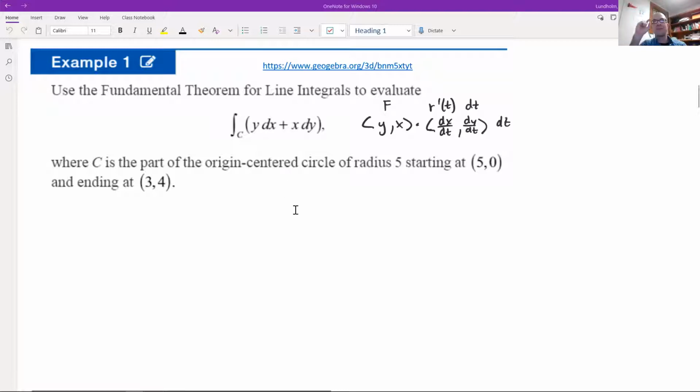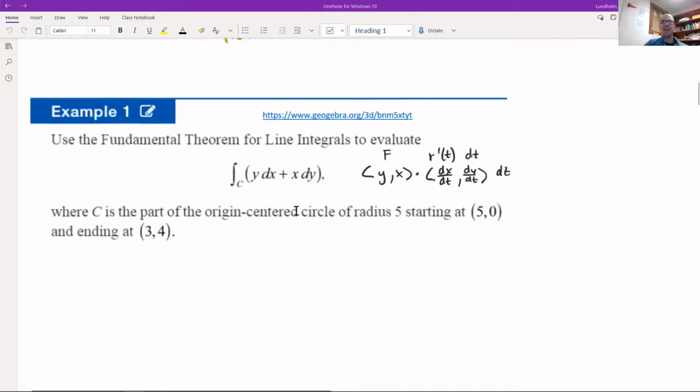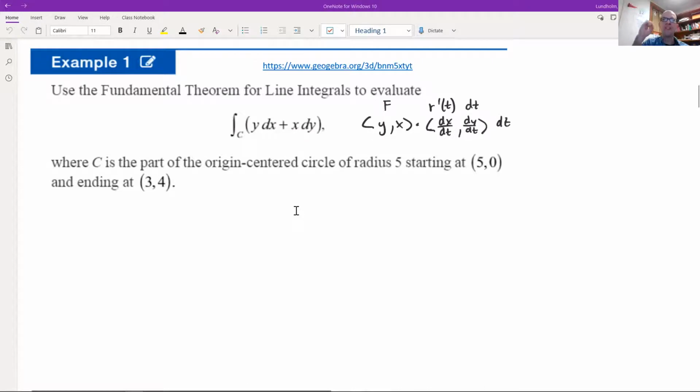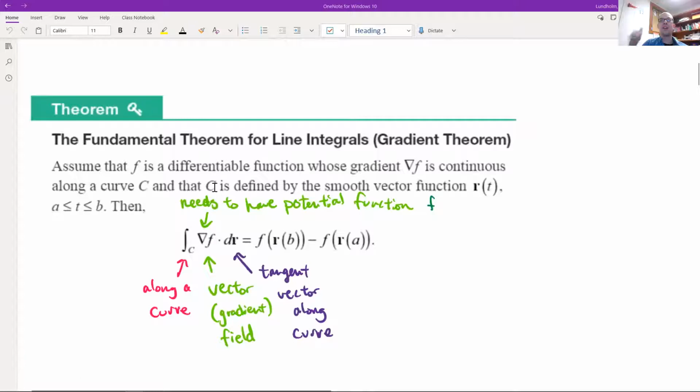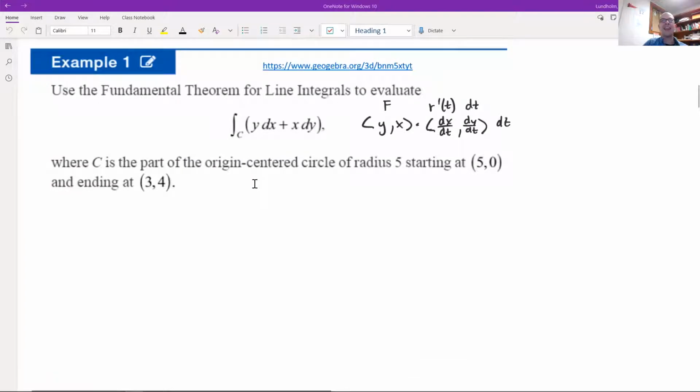The cool thing that we're about to learn is that once you know the fundamental theorem for line integrals, and you've confirmed that you've met the criterion that you're working with a differentiable function that has a gradient, and your vector function is smooth, we're going to learn that if you are on a conservative vector field that has a potential function, these line integrals are going to be path independent, meaning that the specific path that you take through the vector field is not going to matter.